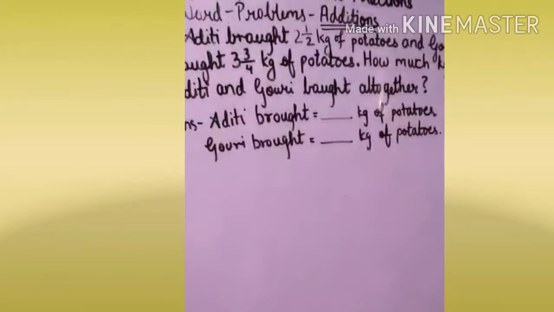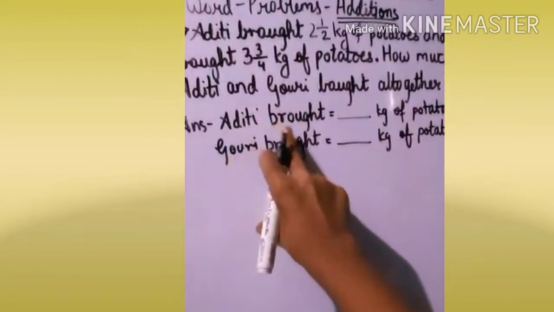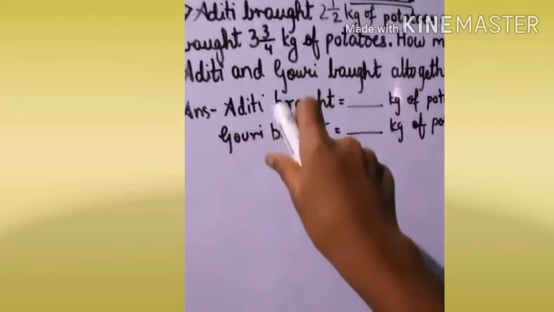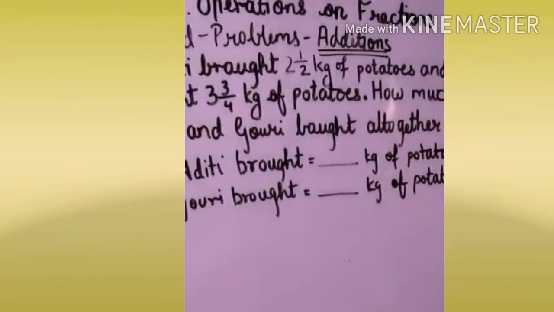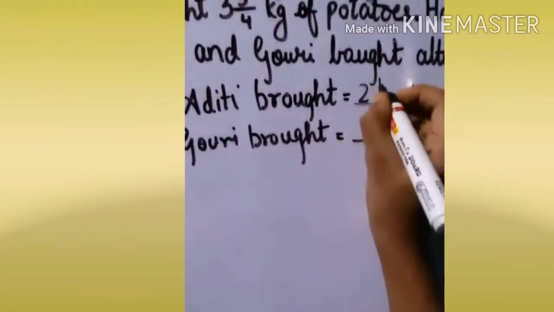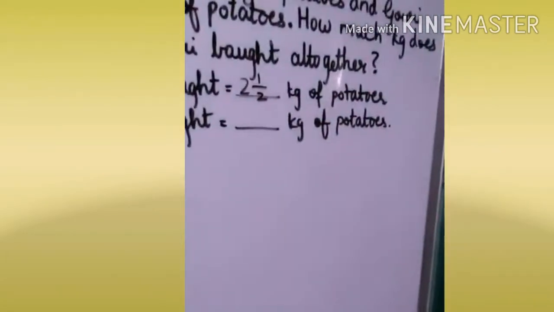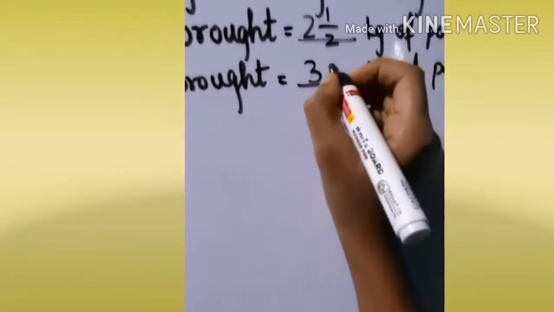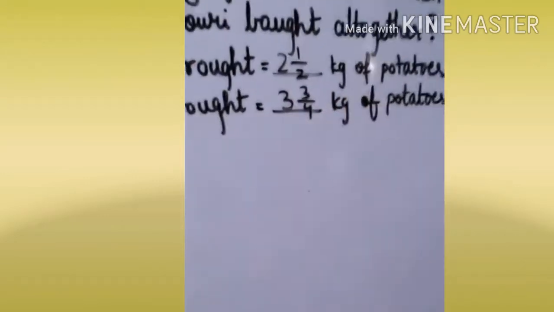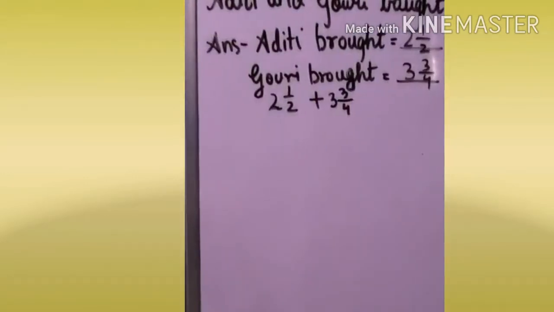Now we will solve. Our first step is to write how much kg they bought. Aditi bought 1 upon 2 kg of potatoes and Gauri bought 3 upon 4 kg of potatoes.